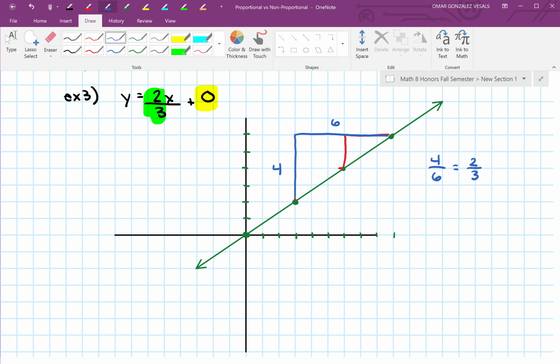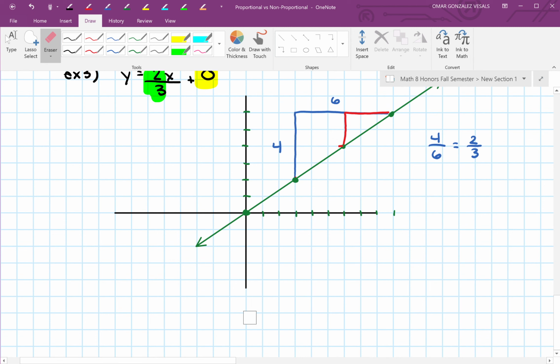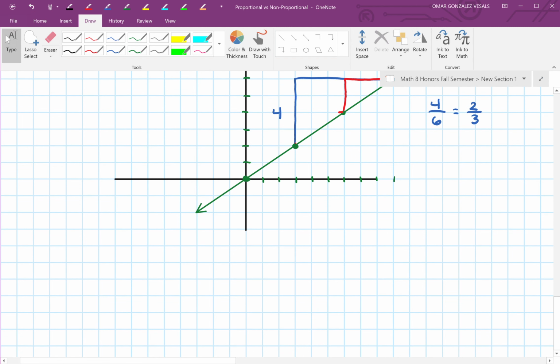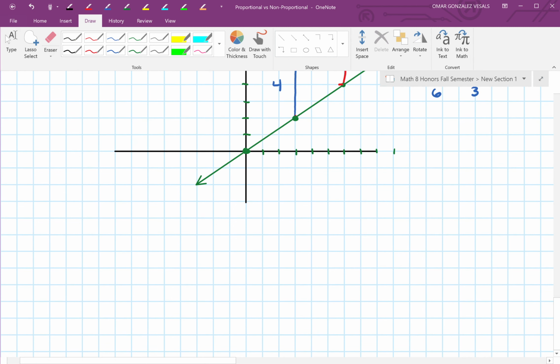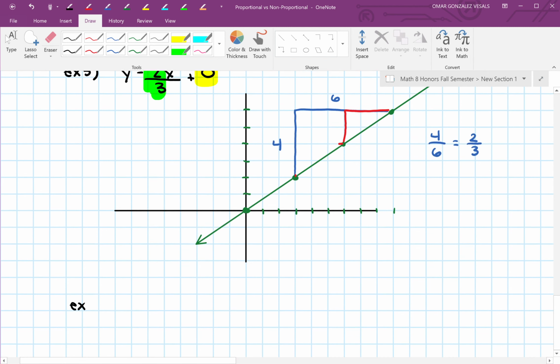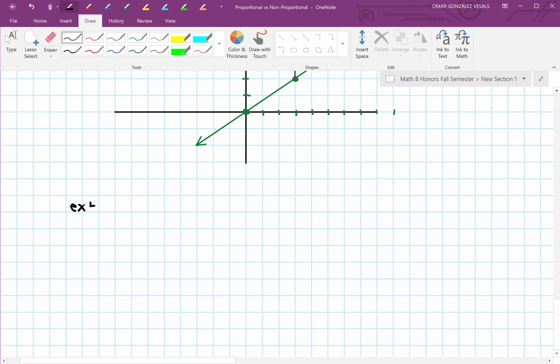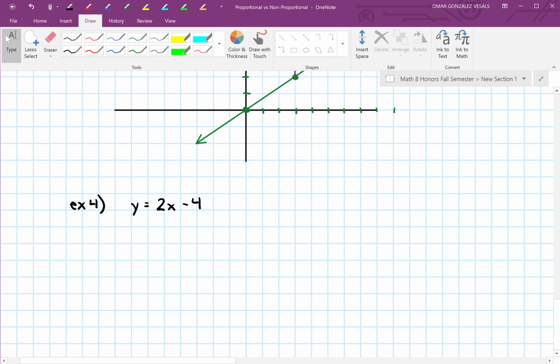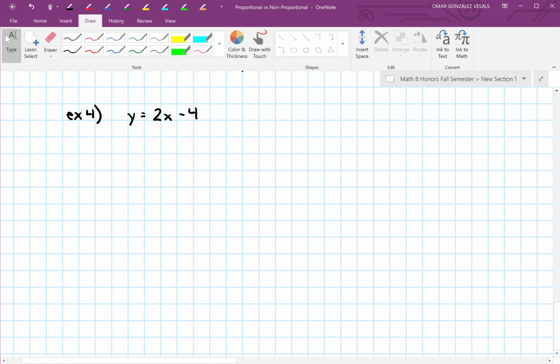Okay, so now that you guys did that one, I want you to graph another one. Let's give you a non-proportional one. What is this, example 4? How do we know right off the bat that this is non-proportional, besides the fact that I said non-proportional?